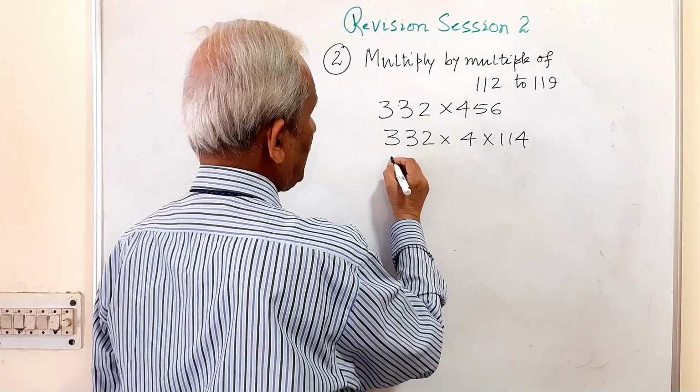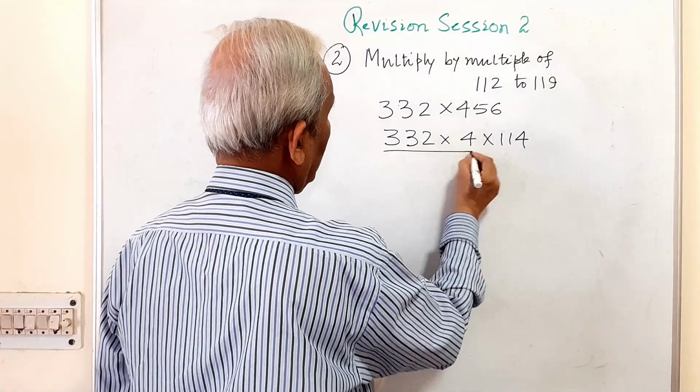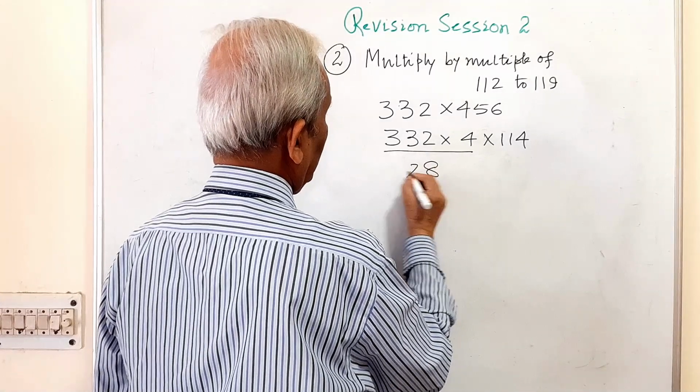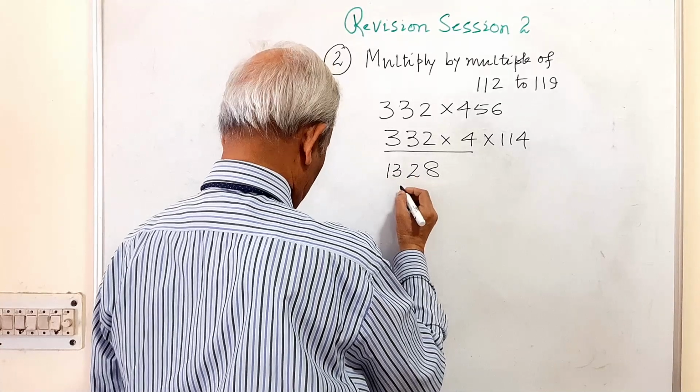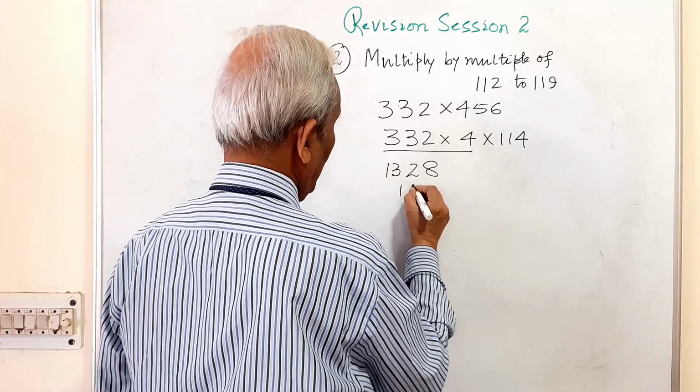So here it becomes 4 times 8, 1328 into 114.